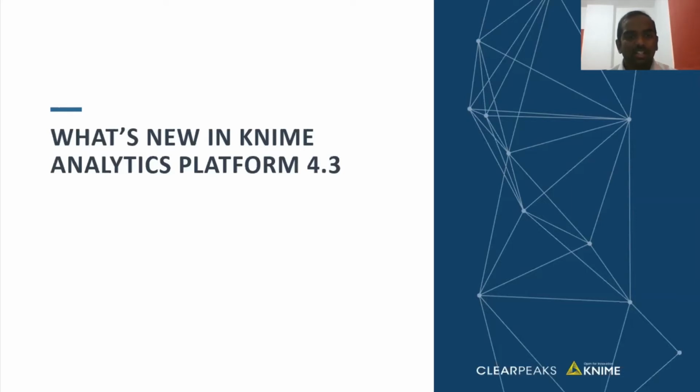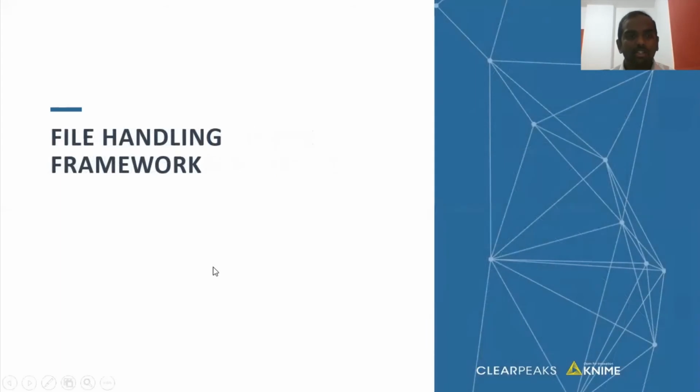So let's get started with the KNIME Analytics Platform new features. The first feature that I would be talking about is the file handling framework. What does this mean by file handling framework? In KNIME, everybody uses some kind of data reading nodes like CSV reader, Excel reader, Parquet reader.